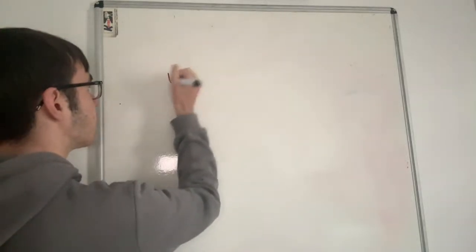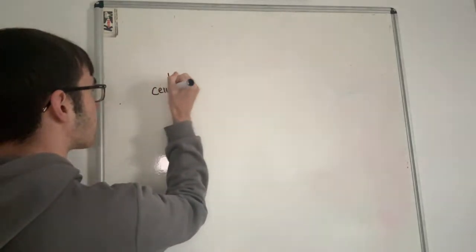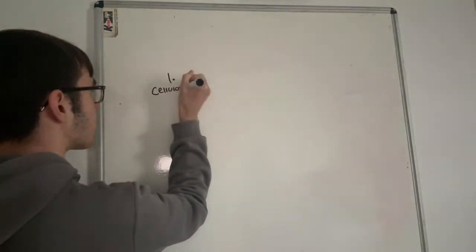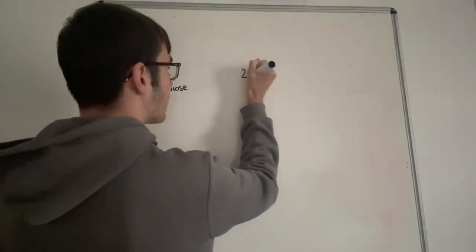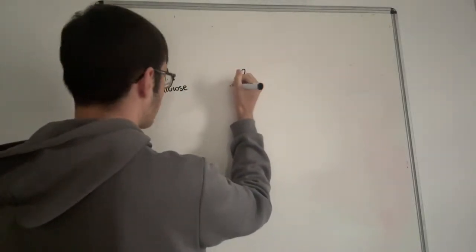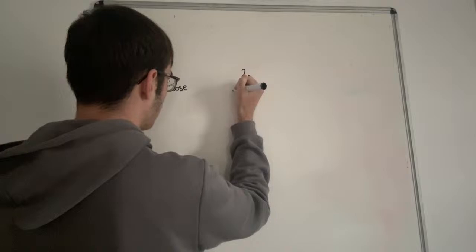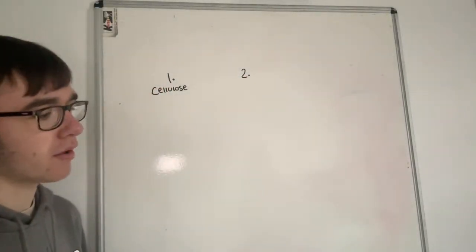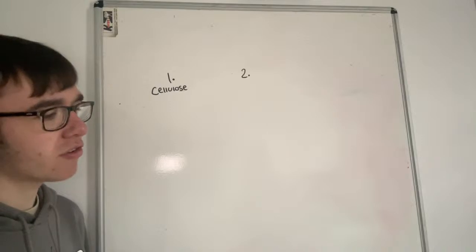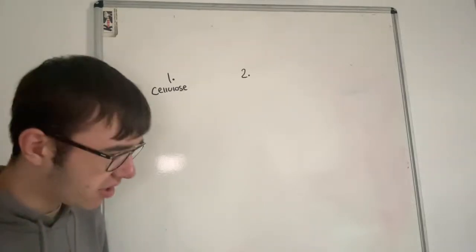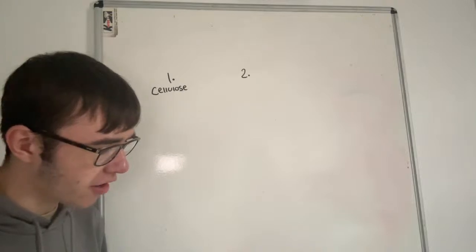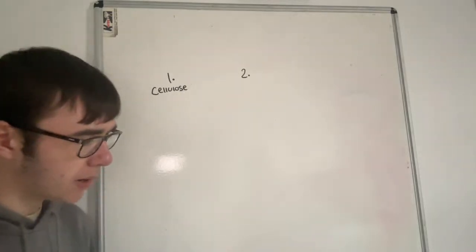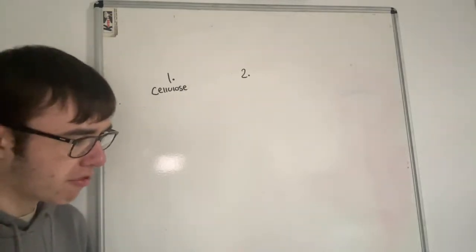So firstly, we have cellulose. We then have, I think, glycerol? No, glycerol, I always forget this one. Glycogen? It's long branched chains, only in mammals or animals.